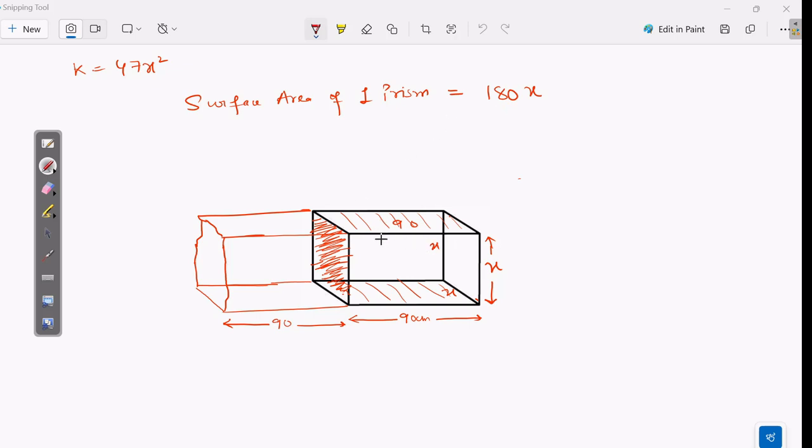Then you have the front and the back surface. So the front surface is this one, this one, right? What will be the area of this surface?